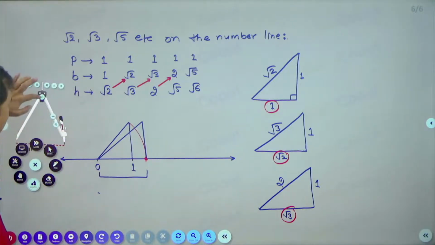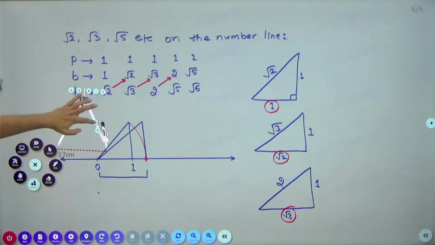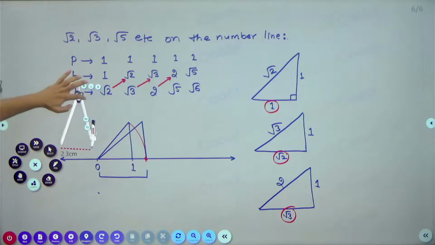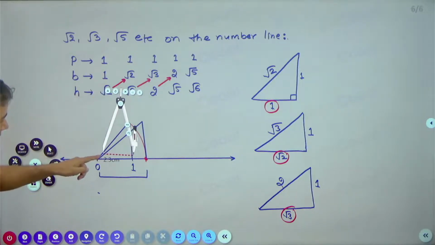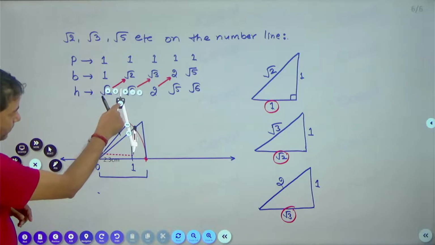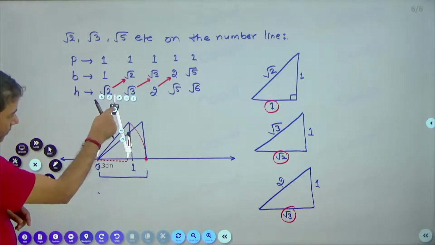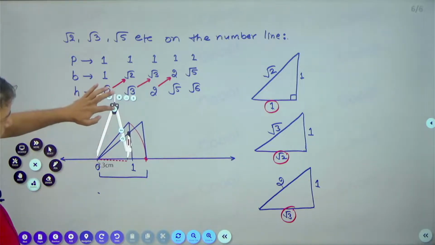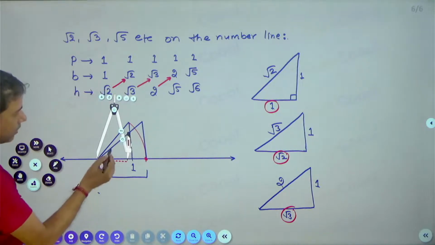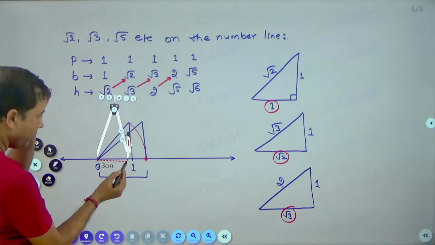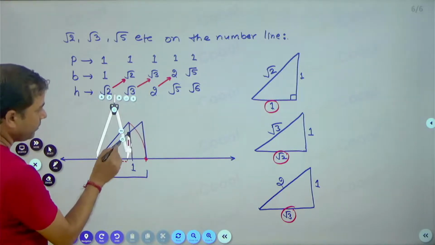So now I will take the compass again, put the pointer over 0, and another pencil point at this location.